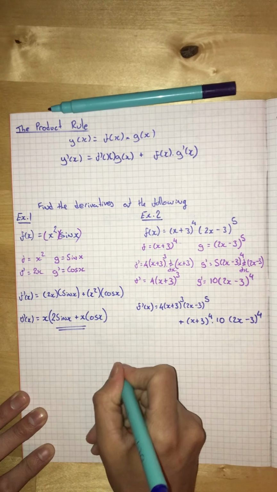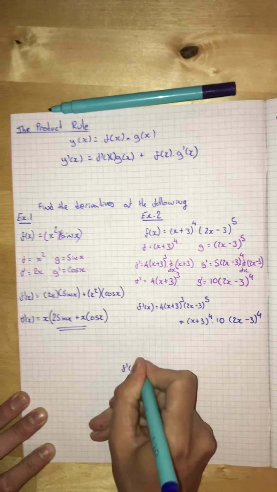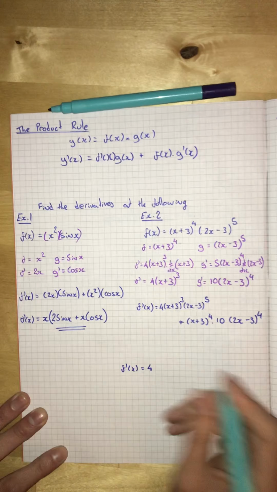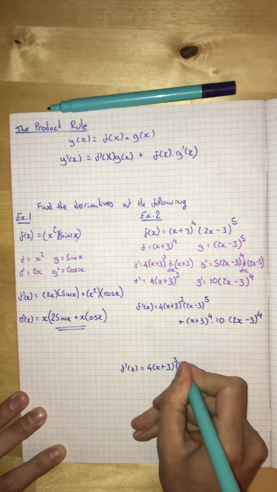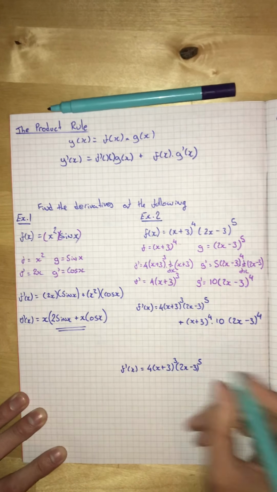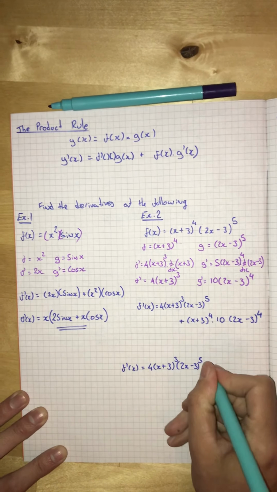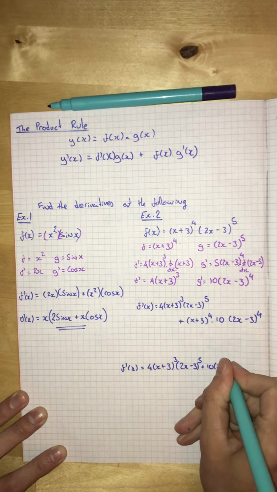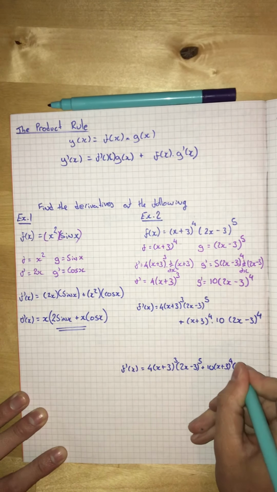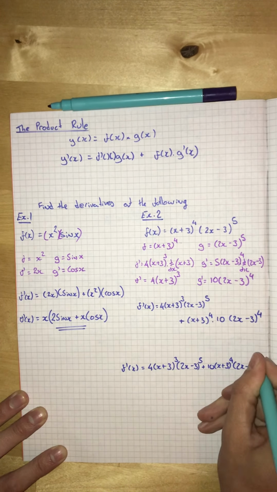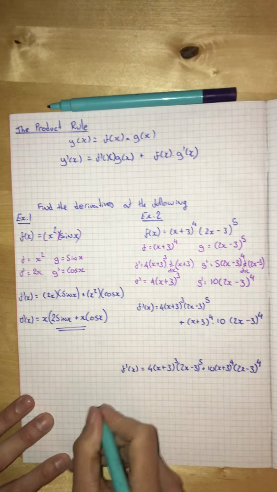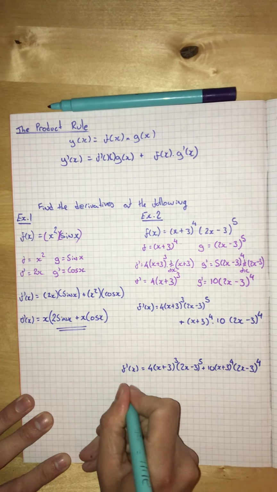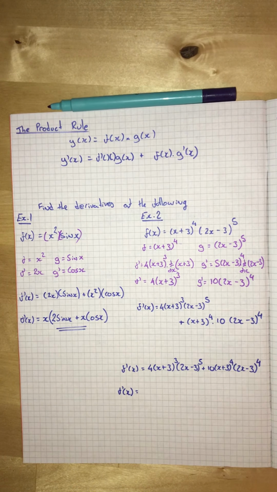And I'll write that out fully simplified. We're going to have 4(x plus 3) cubed (2x minus 3) to the power 5 plus 10(x plus 3) to the power 4 (2x minus 3) to the power 4. Okay? And if you really wanted to, you could take out a common factor to make sure it's fully simplified.